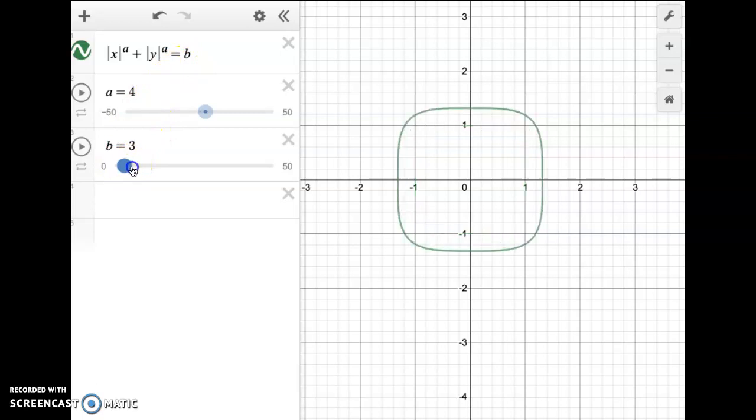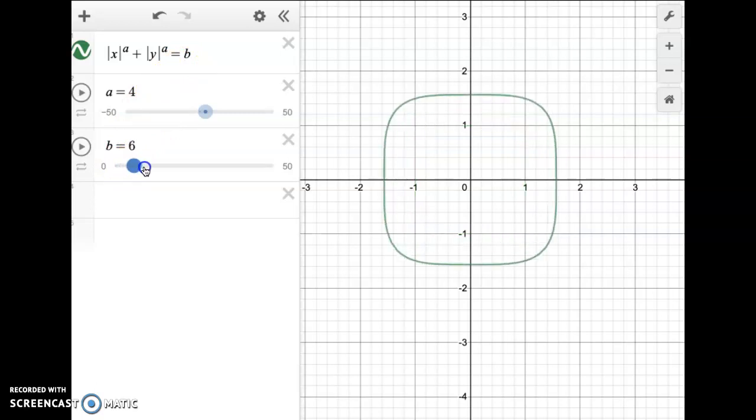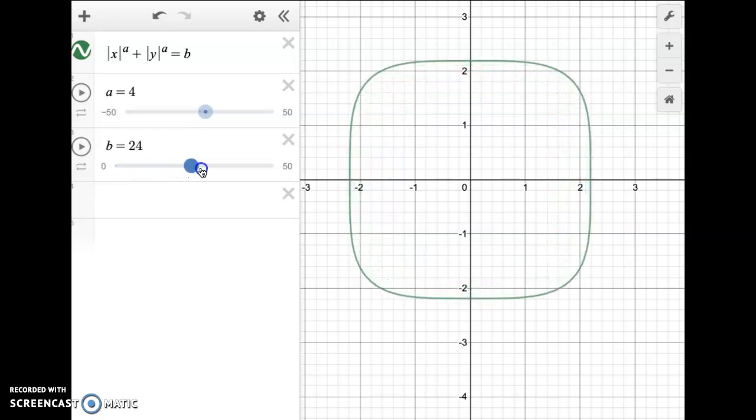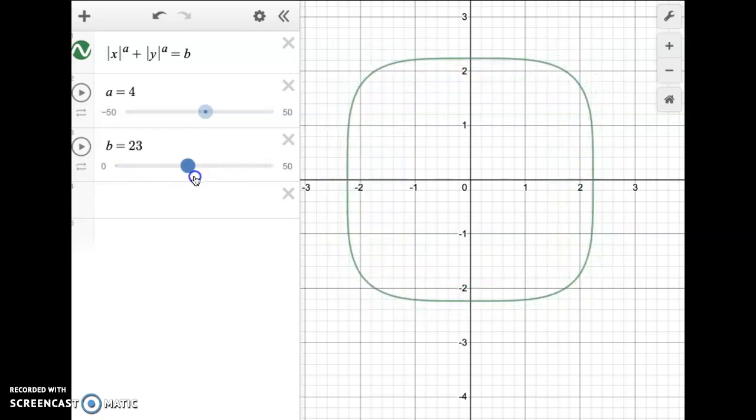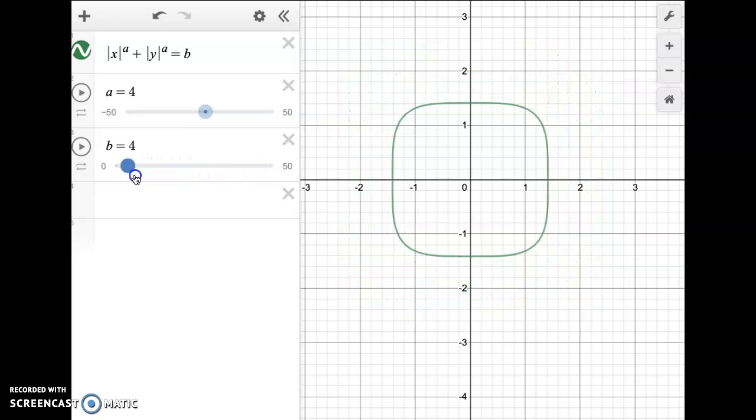So for the even exponents, this probably just means that the shape they've created is just going to get bigger and bigger. And since we've already concluded that the even exponents and the odd exponents are going to have a very similar behavior, I would predict that the odd exponents are also just going to grow as b increases.